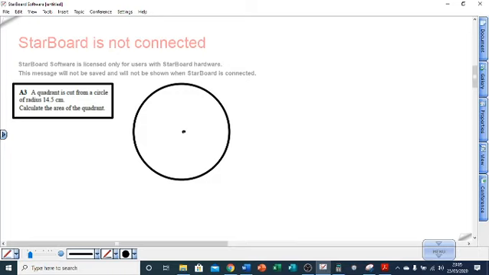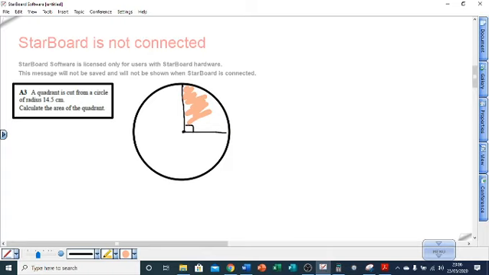So a quadrant is cut from a circle of radius 14.5. Calculate the area of the quadrant. So we've got to work out the area of this quadrant that you're cutting away. Now we know that this dimension here is radius 14.5, so from edge to center is 14.5 centimeters.